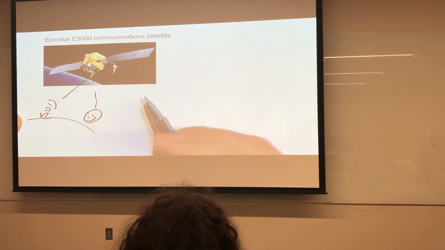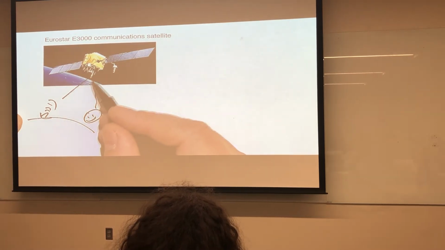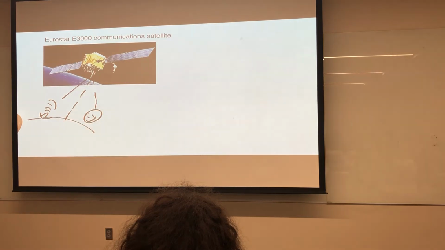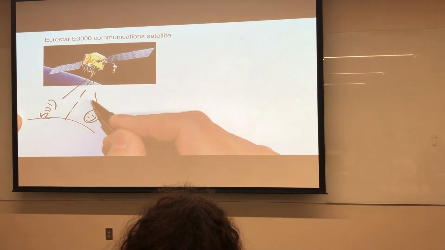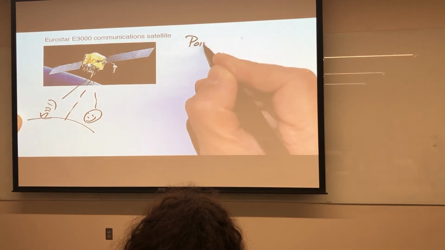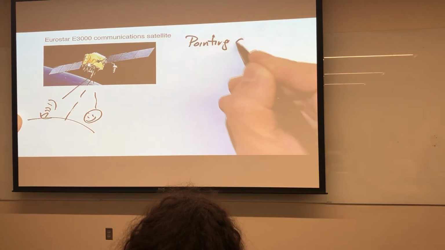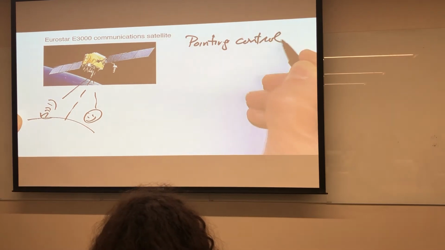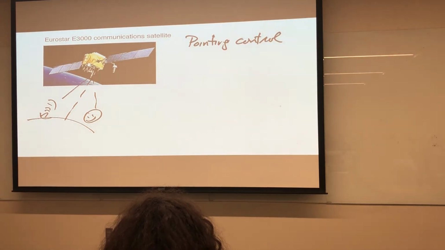And today what we want to do is make sure that the satellite is pointing in the right direction. We're going to pretend we're trying to do a pointing control problem. Now, the satellite in real life has to deal not only with pointing, but also with its north-south position.